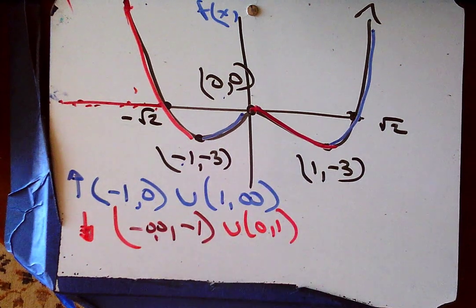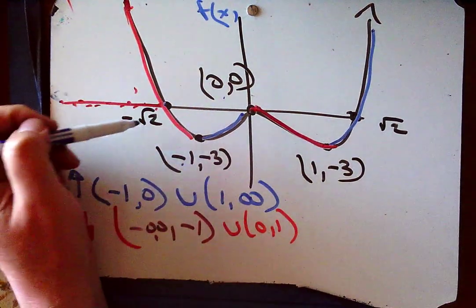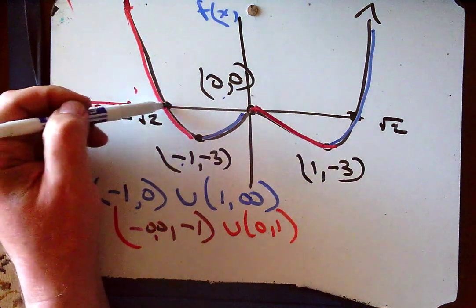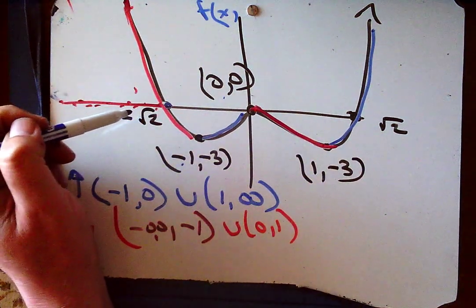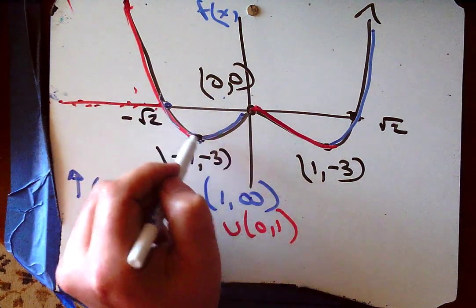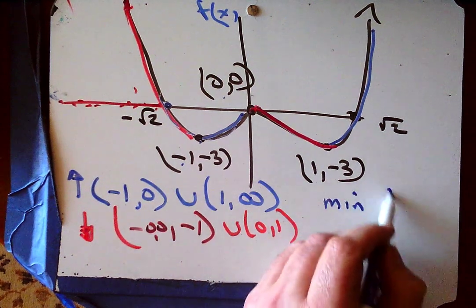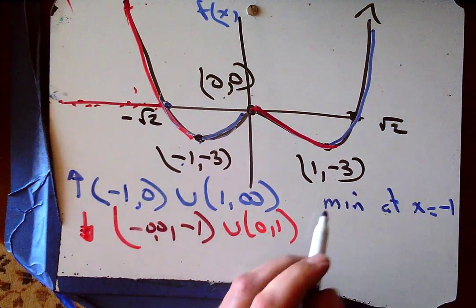Okay? What about maxes? Is this a max? No, my function doesn't go from increasing to decreasing. It goes from decreasing to decreasing. That's not a max. Okay? What about here? Well, I go from decreasing to increasing there. So I have a min at x equals -1.